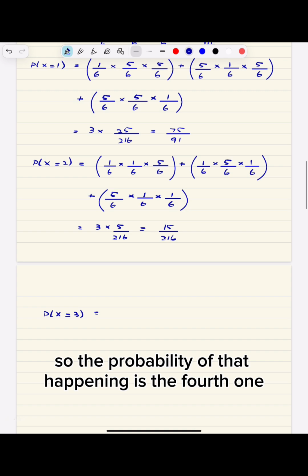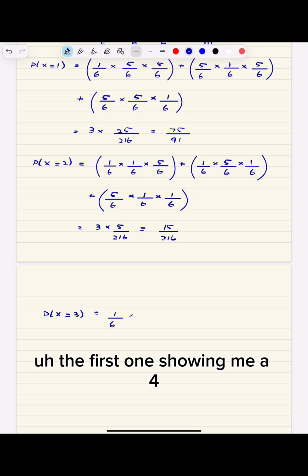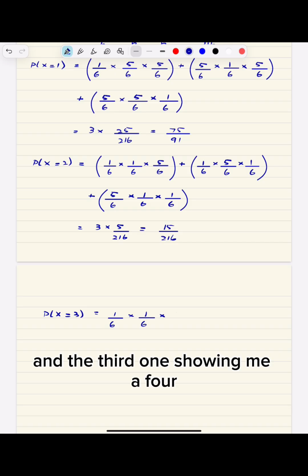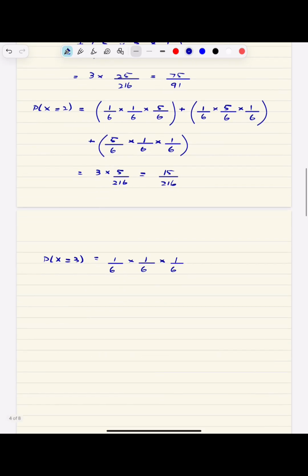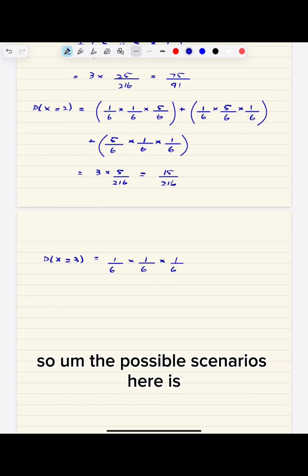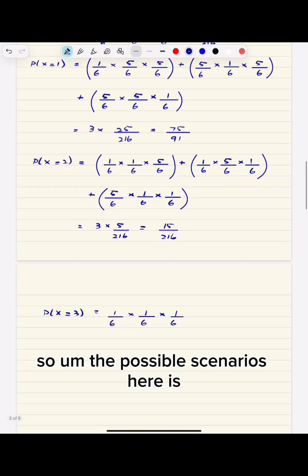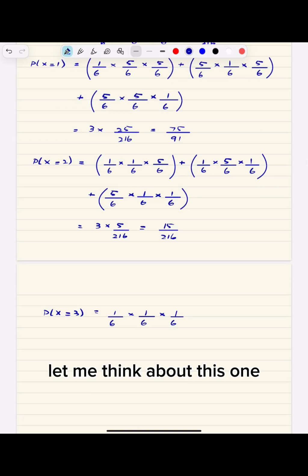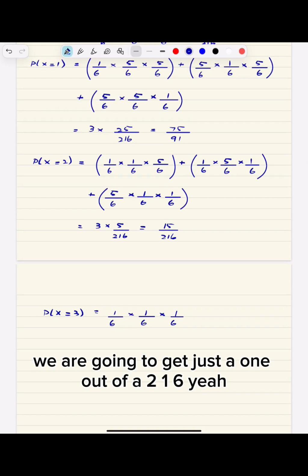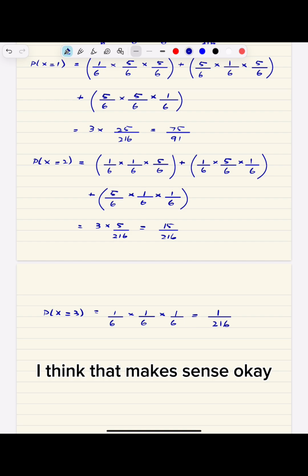So the probability of that happening is the first one showing me a 4, the second one showing me a 4, and the third one showing me a 4. So the possible scenarios here is, let me think about this one. We are going to get just 1 out of 216. Yeah, I think that makes sense.